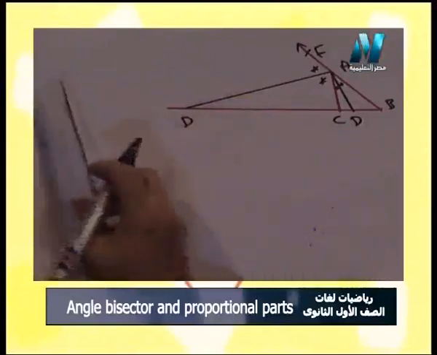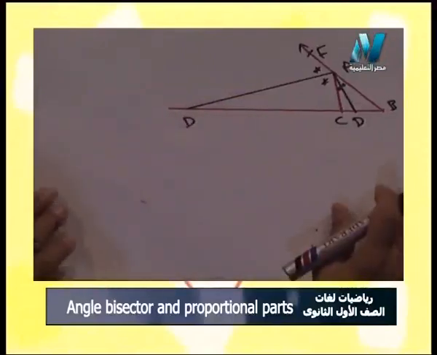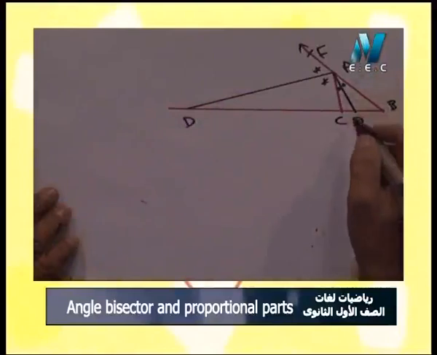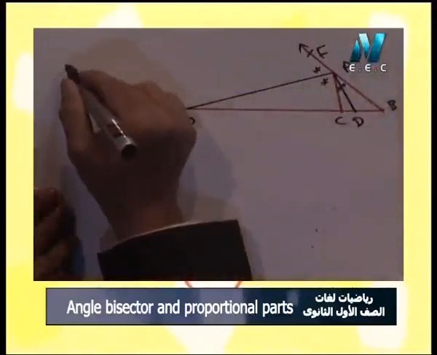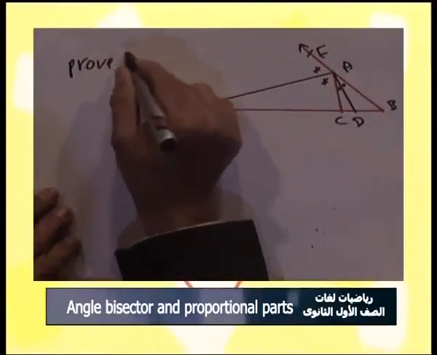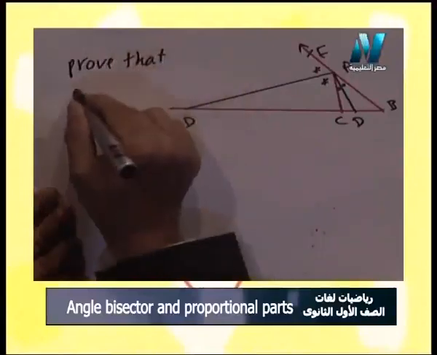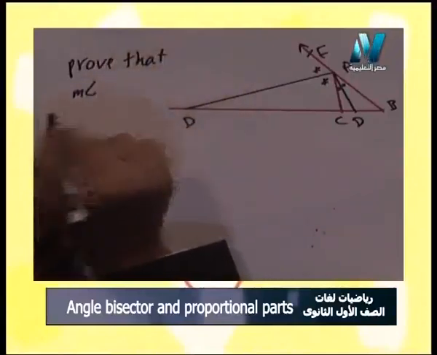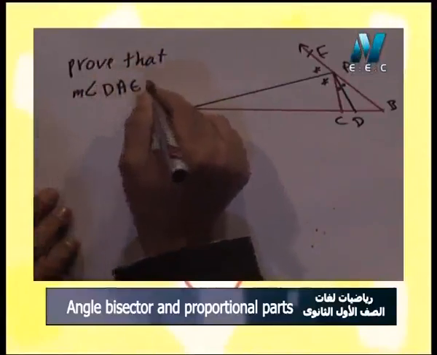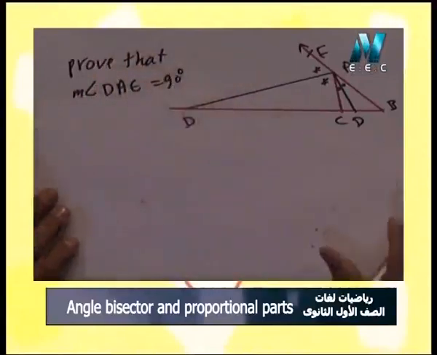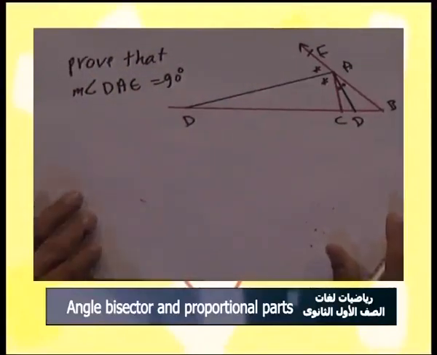And someone asks you to prove that the measure of angle DAE equals 90 degrees.